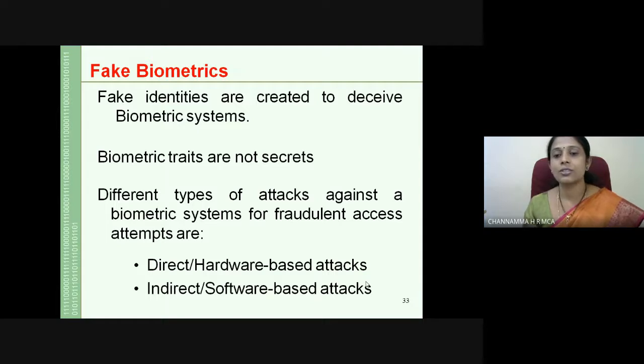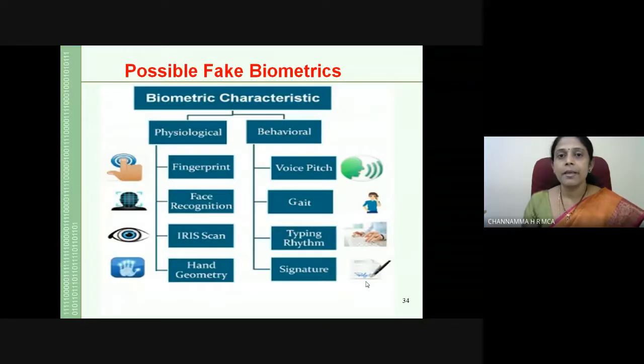And software-based attacks are where they change the template inside the biometric system, based on hacking. They change the feature selection part, basically changing the software.